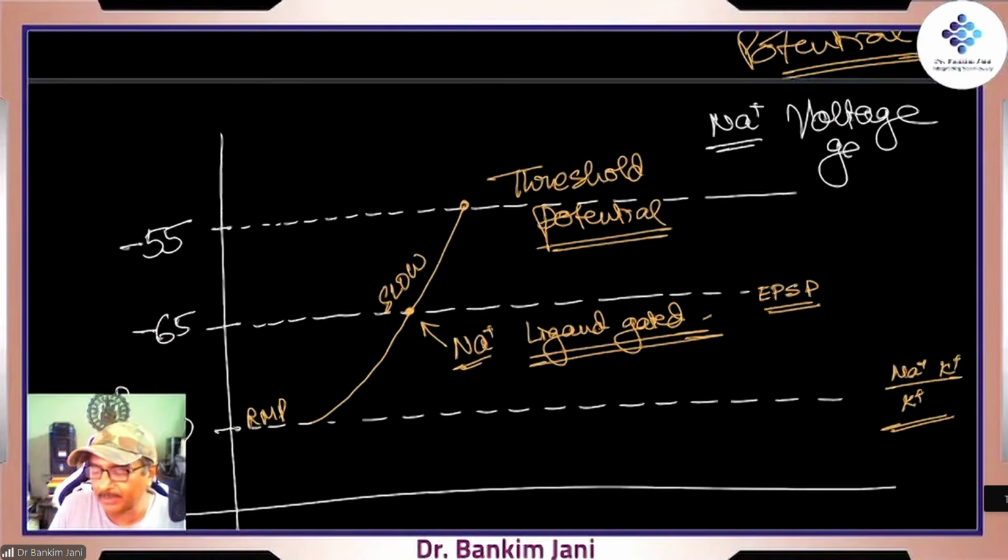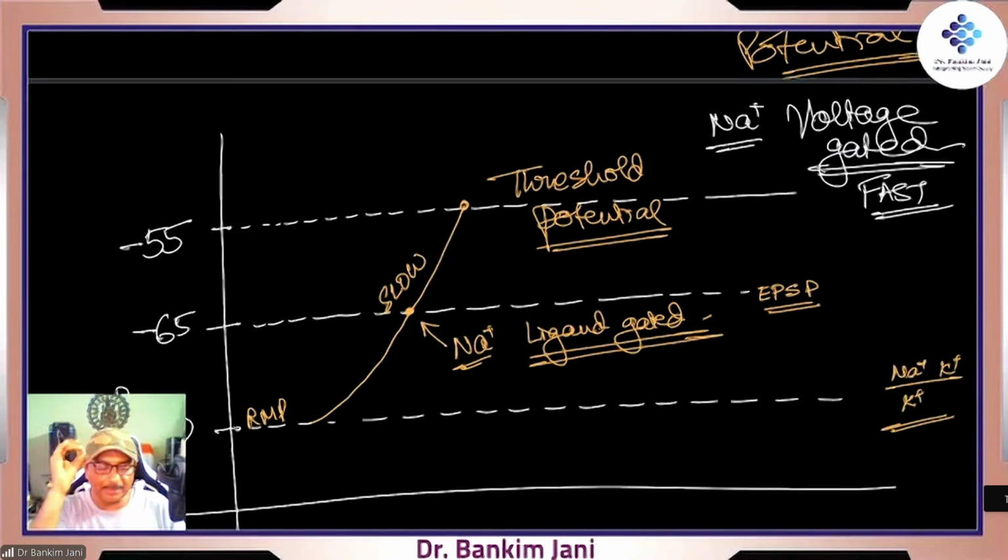Right? Voltage gated. And these voltage gated channels, they are super fast. So the moment -55 millivolt is reached, in a single shot, these open and they shoot.